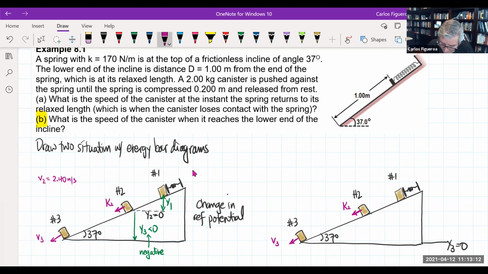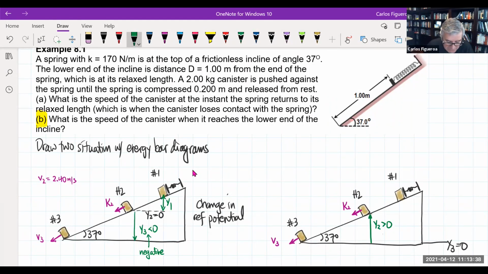And if you do that, look at what this height is now. In this case, the height here, which is what I would call y2, is positive. So this tells me that I have a positive potential energy.